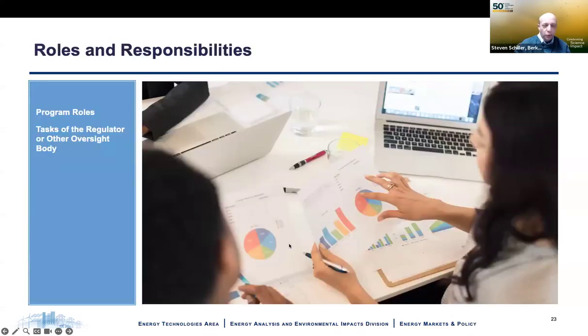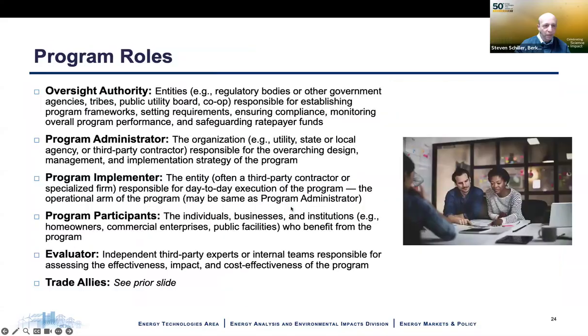Next, getting to roles and responsibilities. What are the roles that exist within these programs? And for those of you here who might have some oversight responsibility, what are your roles? The roles we see within programs start with oversight responsibility. That's the regulatory body, or some agency or tribe, their public utility board, or your co-op, that's really responsible for establishing the program frameworks and setting the requirements.